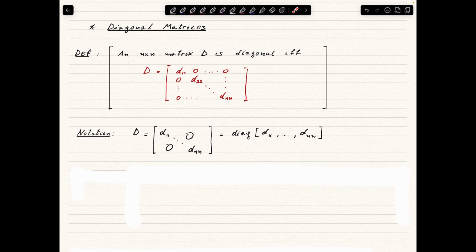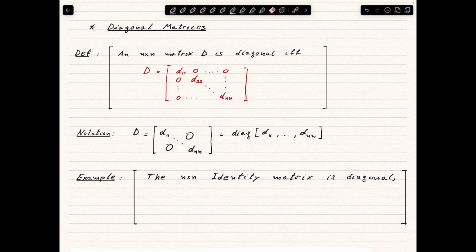A typical example, the simplest example of a diagonal matrix, is the identity matrix, which is a diagonal matrix that has all the coefficients in the diagonal equal to 1. So, for example, the identity matrix is the diagonal matrix that has 1 all along the diagonal, or another way to write it is 1 in the diagonal and a big 0 here and a big 0 there.